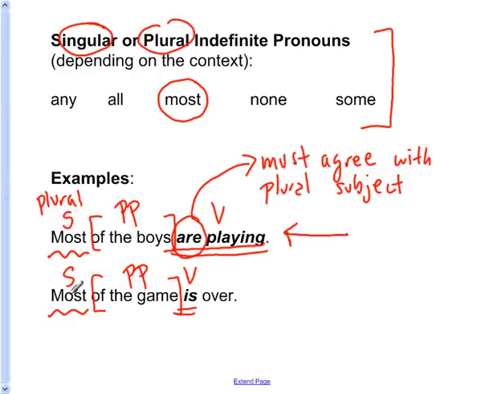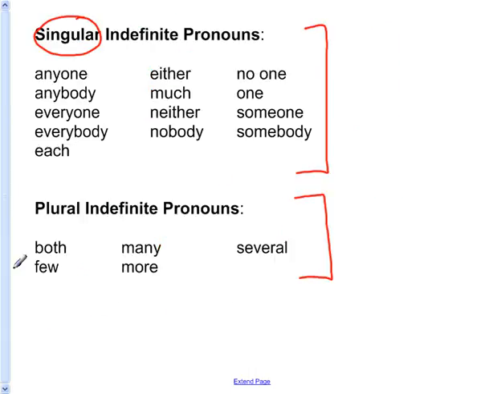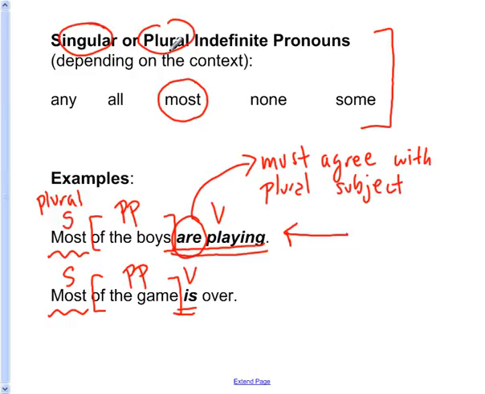Now, again, we have an indefinite pronoun most. We look on our list. It's not a singular indefinite pronoun. It's not a plural indefinite pronoun. It could be either or. So therefore, we have to look at the context of the sentence. And in the context of this sentence, we look at the prepositional phrase, specifically the object in the prepositional phrase, which is game. Game is singular. So therefore, in the context of this sentence, the indefinite pronoun subject, most, is singular.